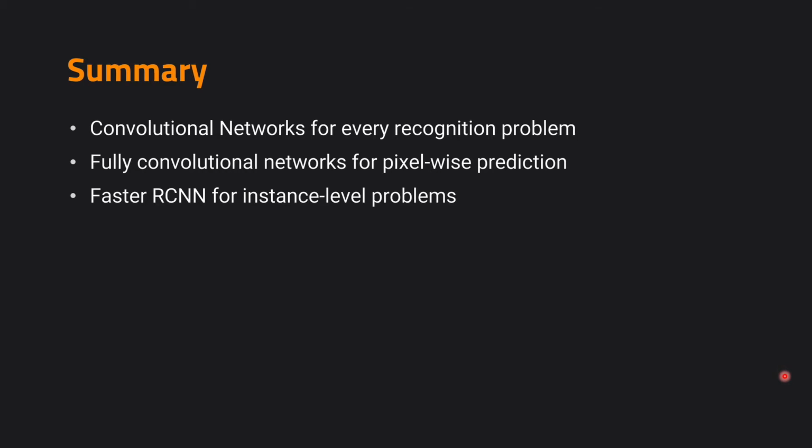And if you want instance-level information, we can use Faster RCNN to extract the possible regions and then further classify the properties of the region, either object-level information like the extent of objects, or even finer information like the segmentation or the pose of the object. Of course, there are also a lot of other solutions in the literature trying to solve those tasks better, but those are the basic building blocks for the current methods.